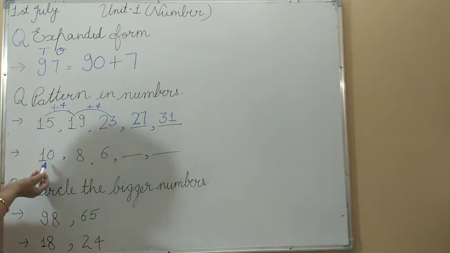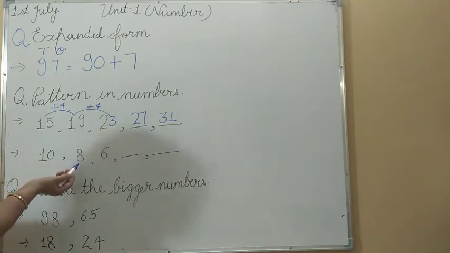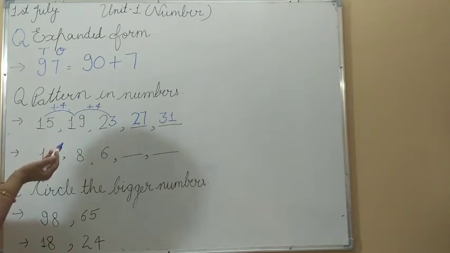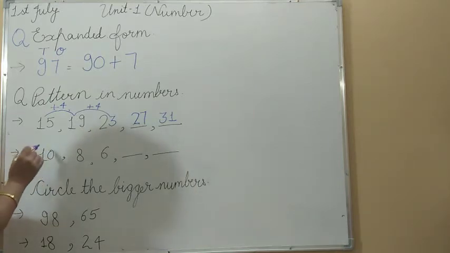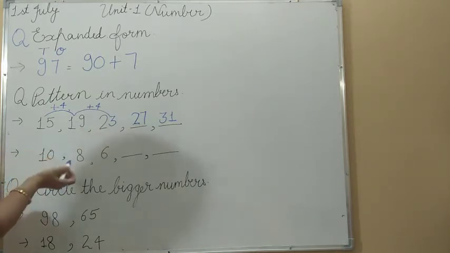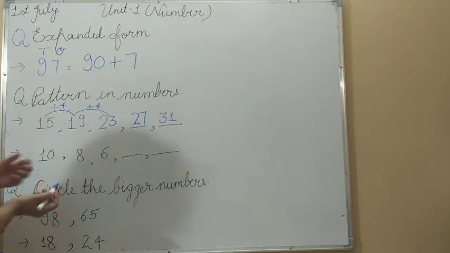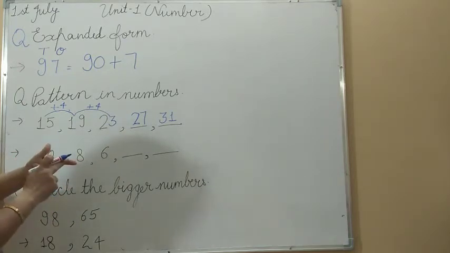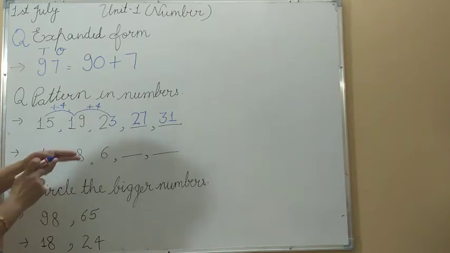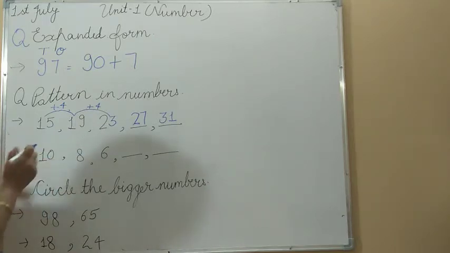Now look here, this is 10, then what is the next number? 8, and the next is 6. So you can see these numbers are decreasing. That is backward counting. So how to do it? 10. Now go back in counting. 10, 9, 8. 2 is subtracted here.